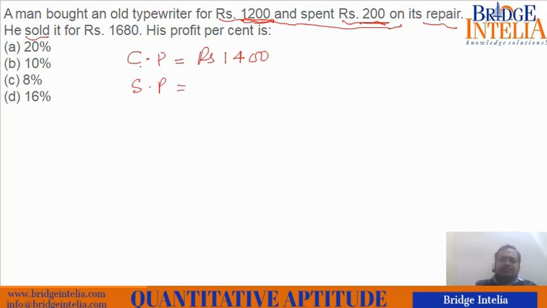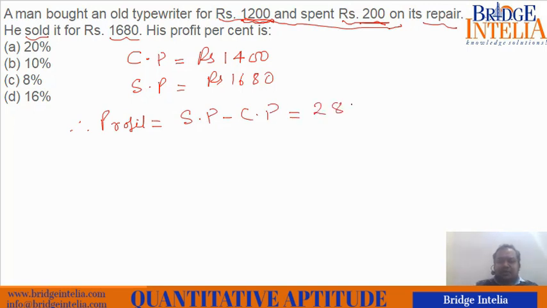Selling price is equal to rupees 1680. So you can see that selling price is more than cost price. If selling price is more than cost price, definitely profit has been made. So profit is equal to selling price minus cost price, which comes out to be 280. Now the question is profit percentage. You invested rupees 1400, and because of this investment you have managed to earn 280 rupees of profit.